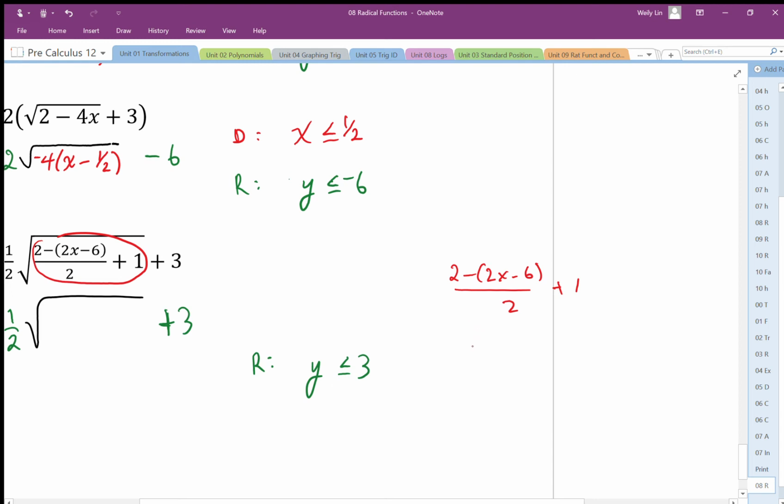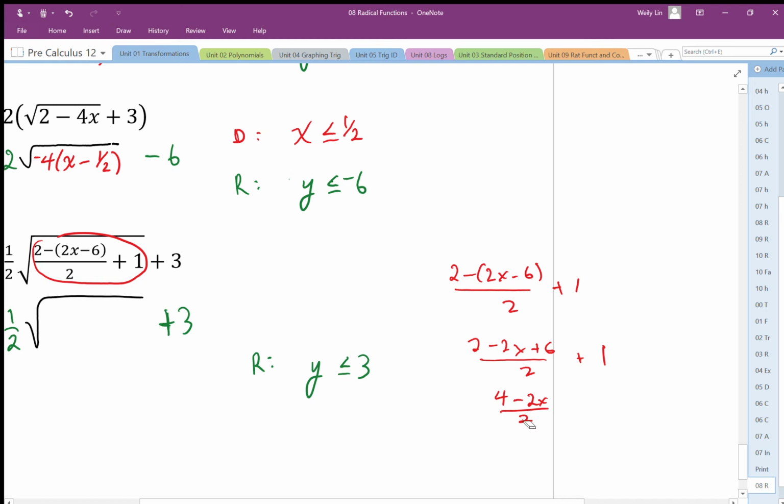So I'm going to put (2 minus 2x plus 6) divided by 2, plus 1. I'm just going to leave it as plus 1. So I'm going to end up with 2 plus 6 divided by 2 is 4 minus 2x, and that's all divided by 2.